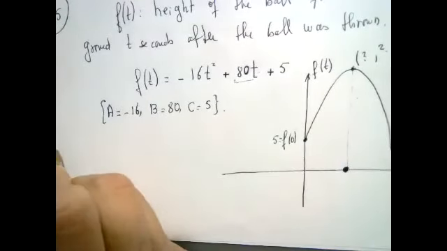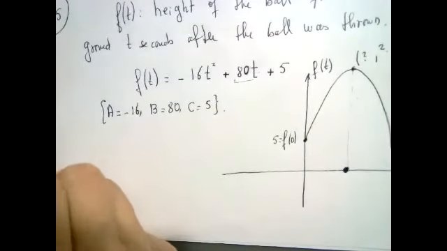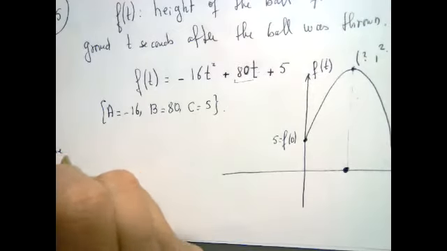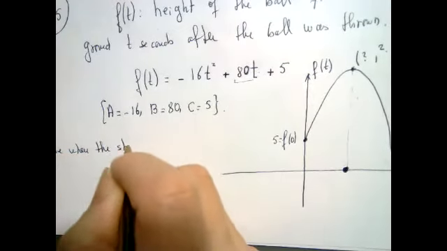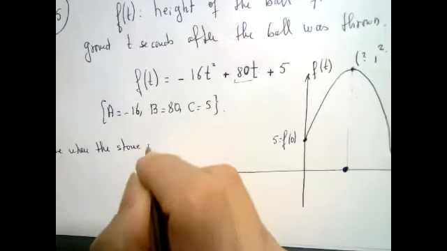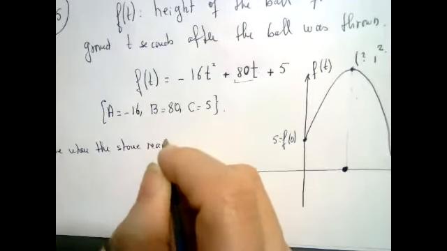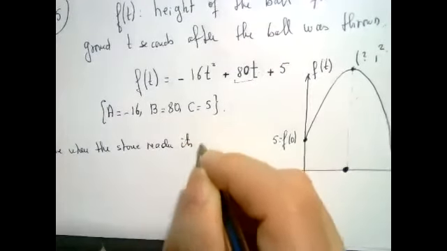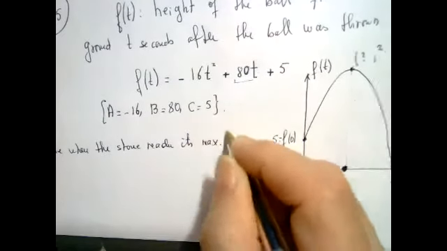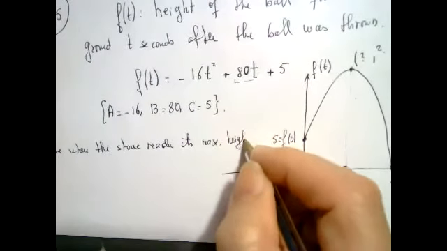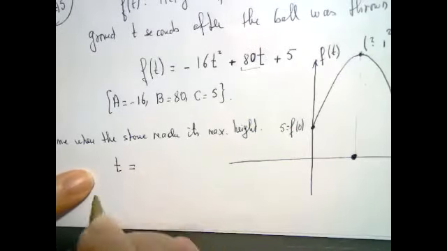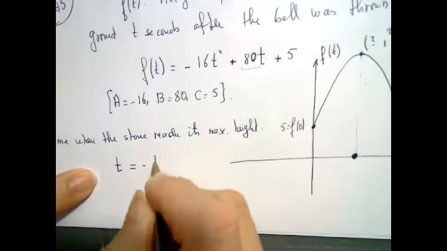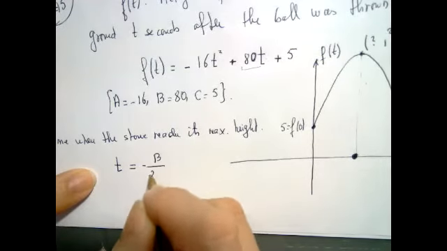All right? Okay, so let's do it. So what's the time when the stone reached maximum height? Okay, so the time is minus b over 2a.